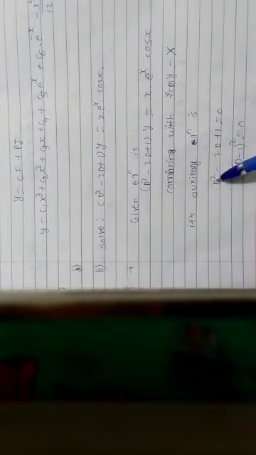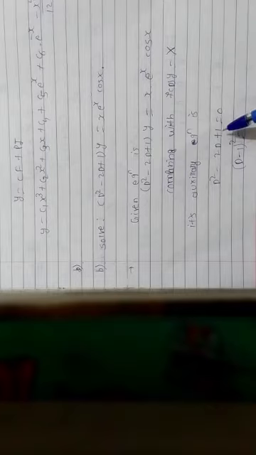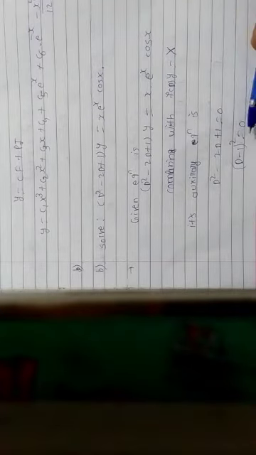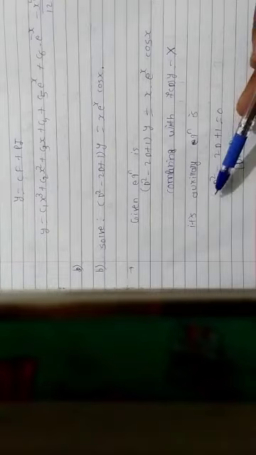And this is the full form of the D minus 1 whole square. D minus 1 whole square is equal to D square minus 2D plus 1, that is, a minus b whole square is equal to a square minus 2ab plus b square.